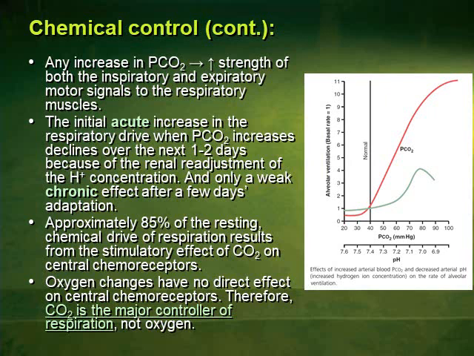It is quite clear from this graph that at a partial pressure of 40, which is the partial pressure of carbon dioxide in the arterial blood, once it increases from this value up to 45 or to 50, there is a tremendous increase in the alveolar ventilation, which means a powerful effect on the chemoreceptors.